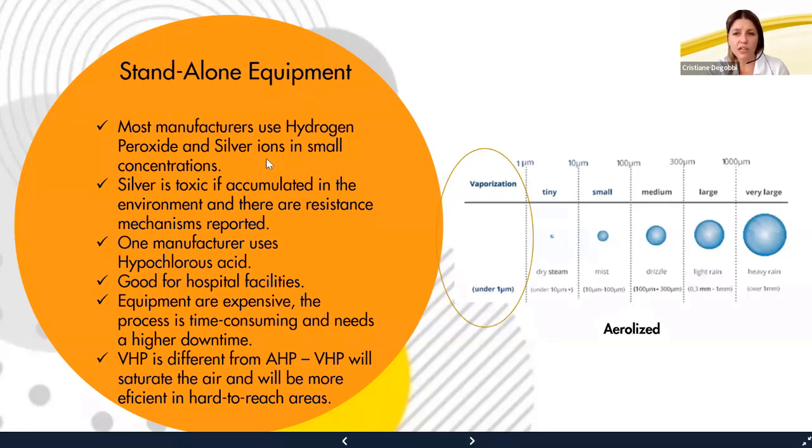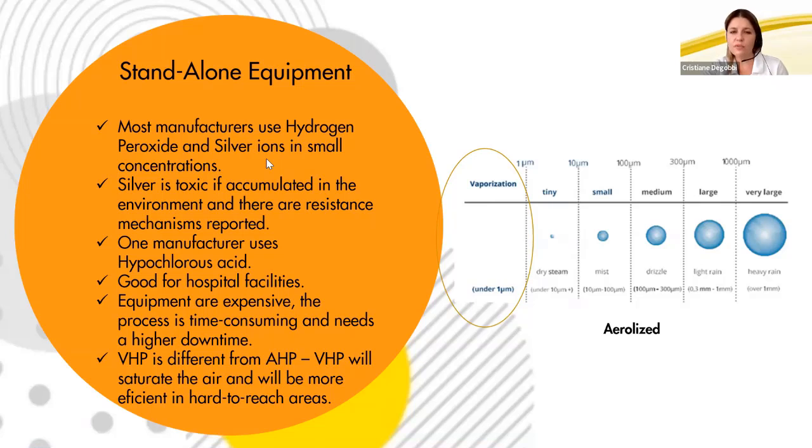They usually use hydrogen peroxide and sometimes silver ions in small concentrations. Silver is toxic and it can accumulate in the environment. There are some resistance mechanisms reported, but in small concentrations, just to stabilize the hydrogen peroxide, I'm not against you using it. Just make sure you do not expose people very often to that. One manufacturer does use hypochlorous acid, which can be a better option for you.